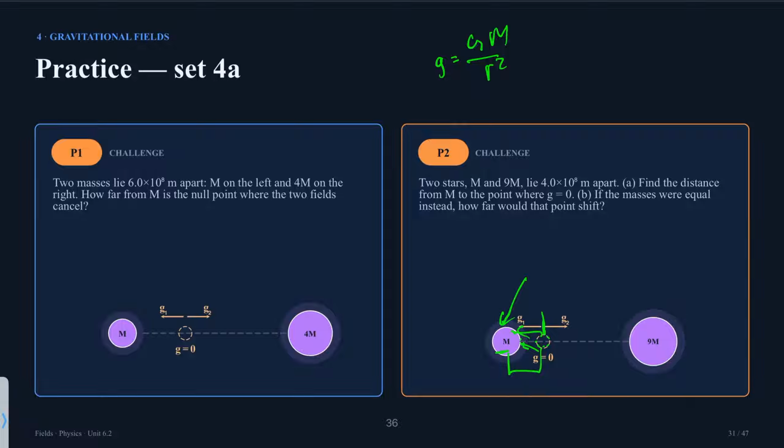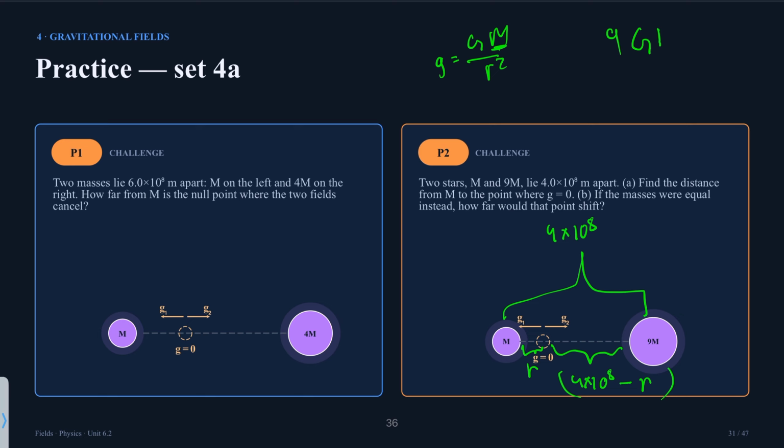And for the small mass, it's just M. And since we know that this total distance is 4 times 10 to the 8th, if we define this distance to be R, this accordingly has to be 4 times 10 to the 8th minus R. So then for the other one, it has to be big G times 9m over 4 times 10 to the 8th minus R squared. Right, and there you go.